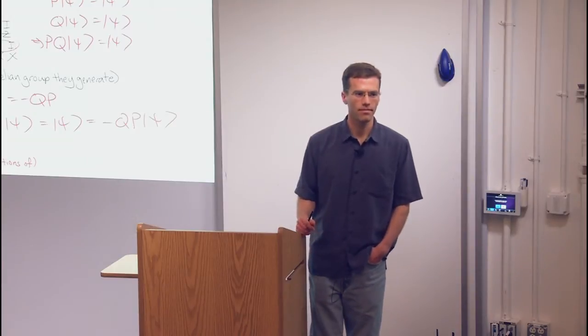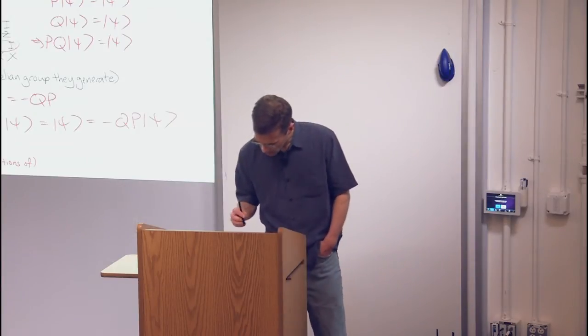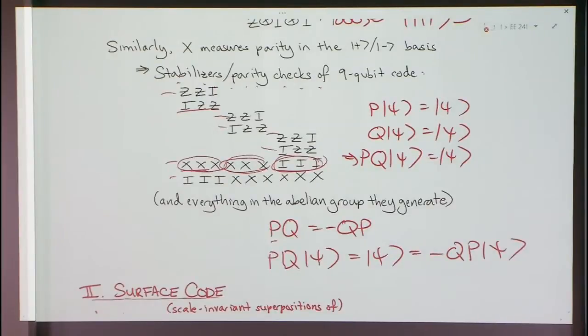If I look at the 7th row, and I am looking at the 3rd row, multiplying those, then an X meets a Z. Oh, twice. I see. But in 2 different coordinates. Oh, it takes a minus sign each time. Thank you. That's helpful. Yeah, you can check that these do commute if you wanted to.